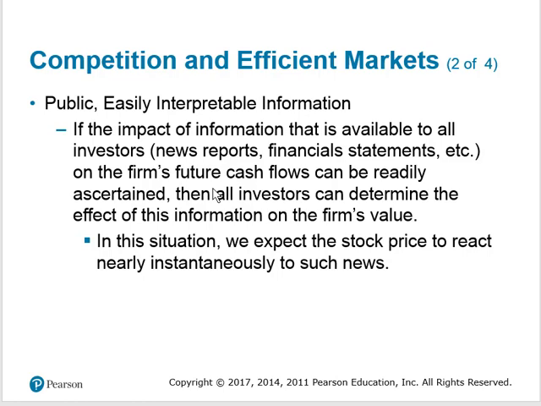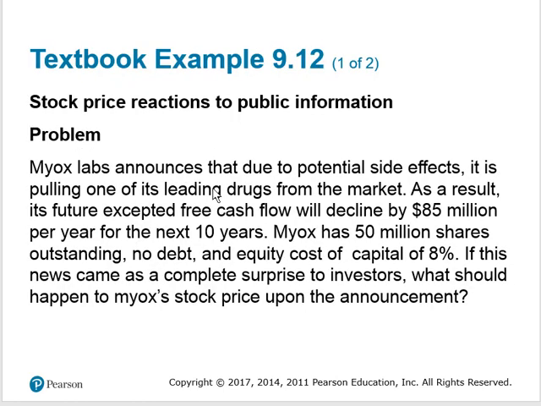So here we have a company, Myox Labs, right? Because of some side effects that have been leaked to the public, if you will, its future expected cash flows are expected to go down by $85 million a year for the next 10 years, right? They have 50 million shares outstanding, no debt, cost of equity is 8%.